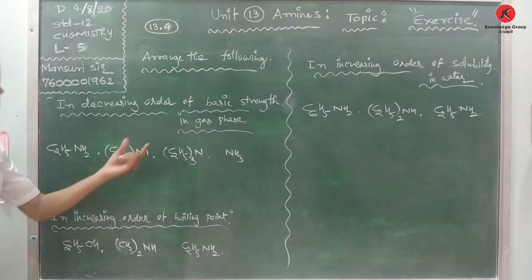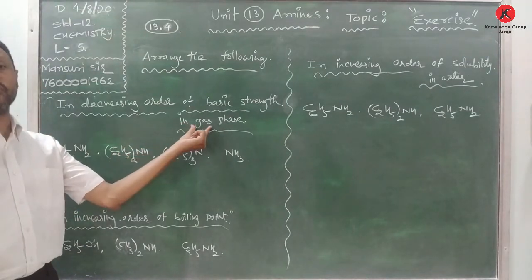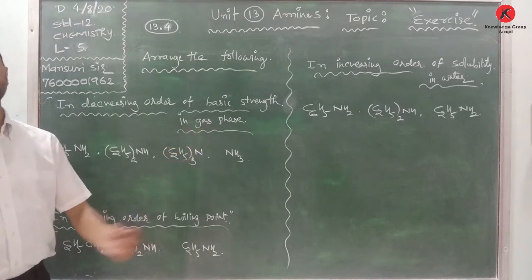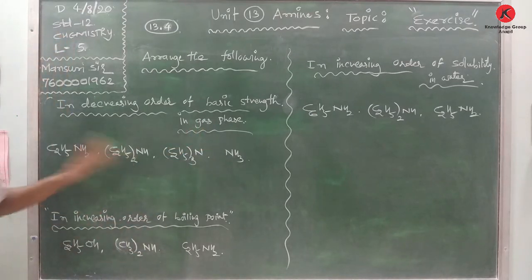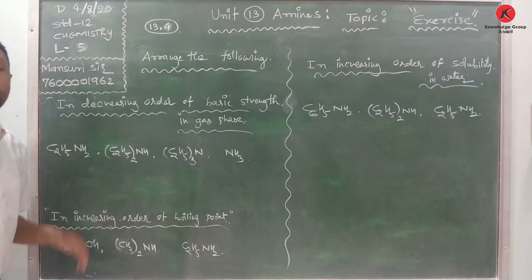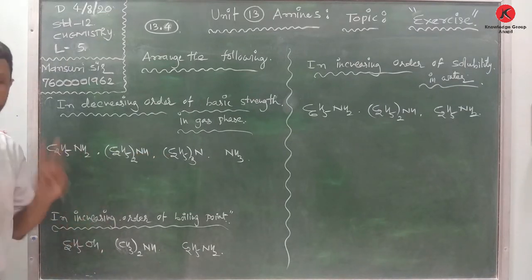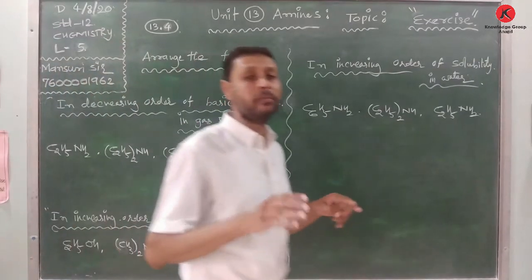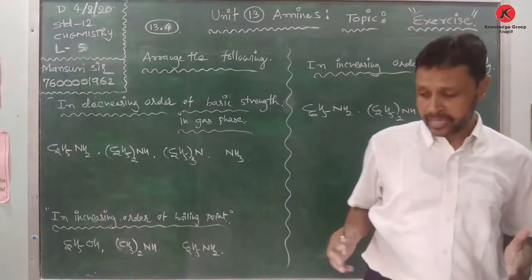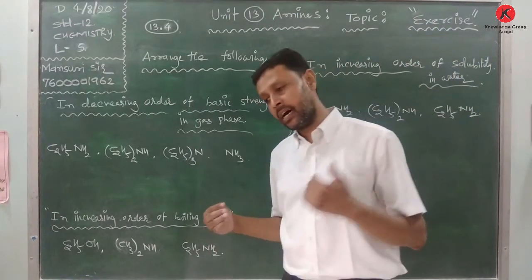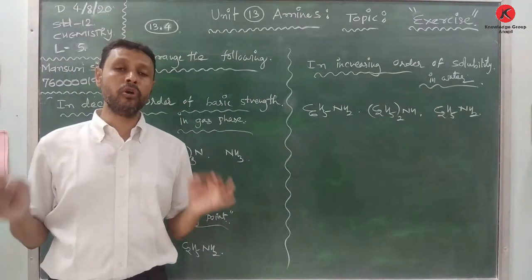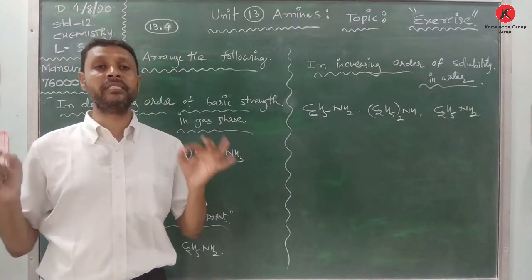We have to find out in the gas phase. So we have to remember only one thing here, that the plus I effect should be there. The more alkyl groups and the more bulky groups there are, the more the electron donation to nitrogen will be. That is why the plus I effect will be high. That is why the tertiary amine has the most basic strength.